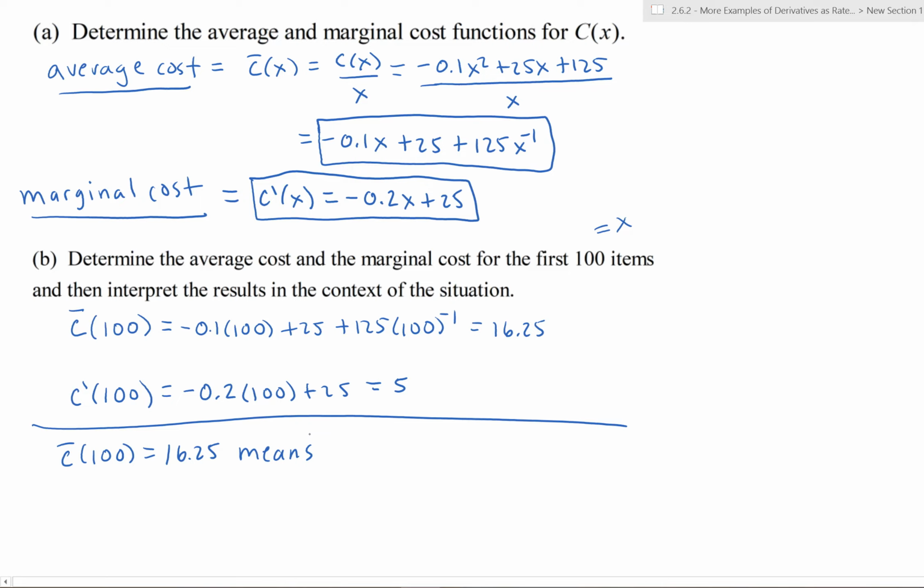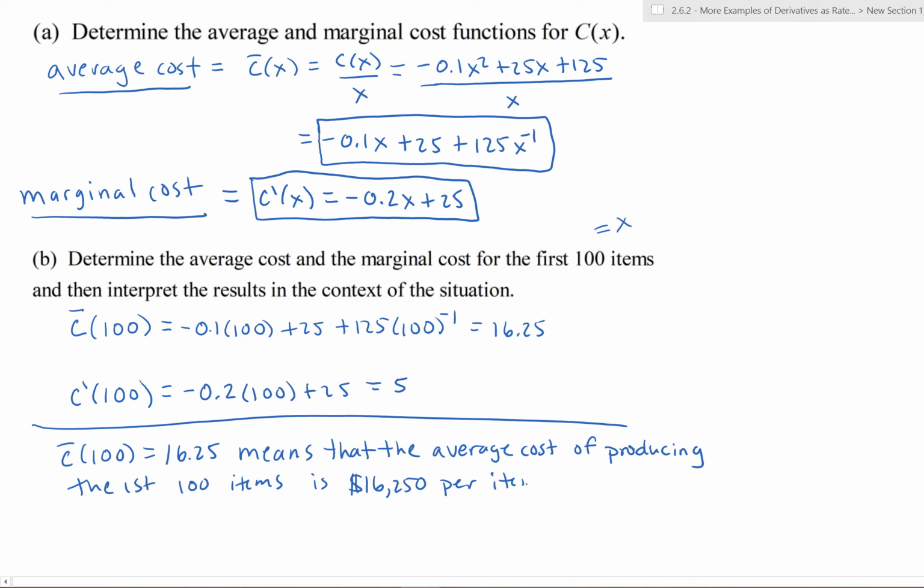The average cost is going to be 16.25 hundreds of dollars, which means if I multiply that by 100, then I get 16,250, and thus this means that the average cost of producing the first 100 items, we don't know what those items are, is $16,250 per item.